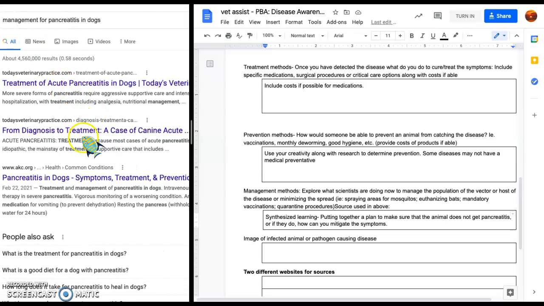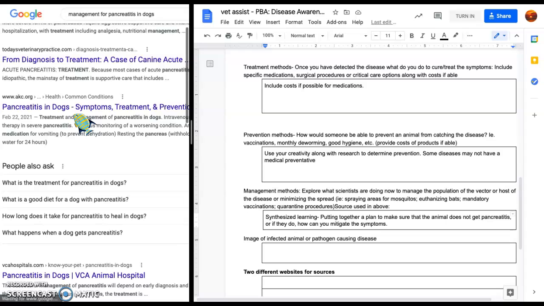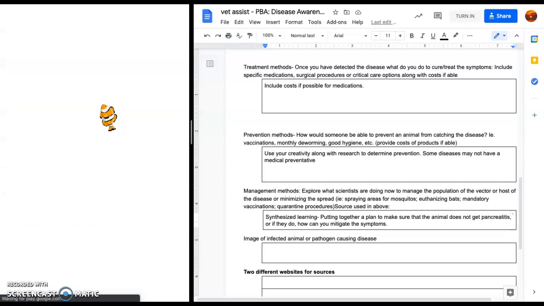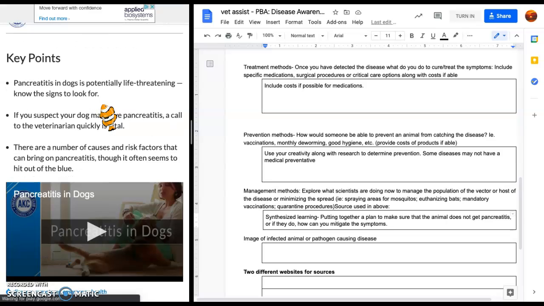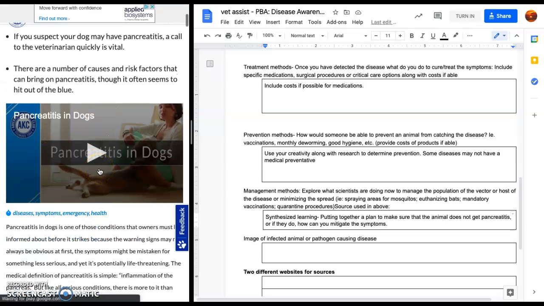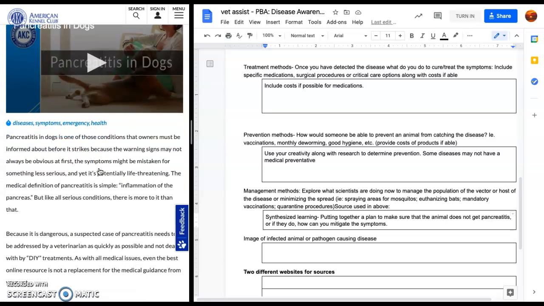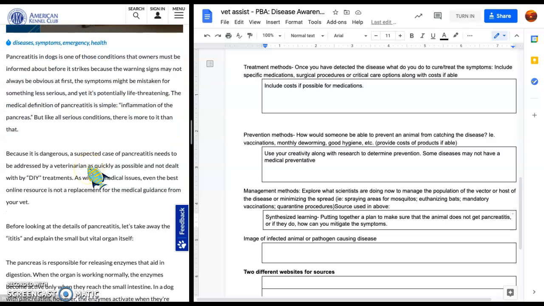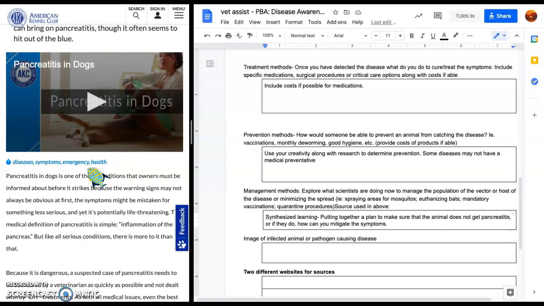Okay, so here's treatments, here's diagnosis information, here's symptoms, treatments, and prevention. Oh, AKC has something. So I'm going to click on that website and see what it has to offer me. Okay, oh my gosh, this is awesome. There's a video on it, so maybe I'm going to watch the video and see what information it has for me, okay?